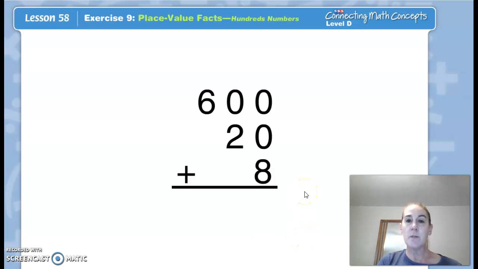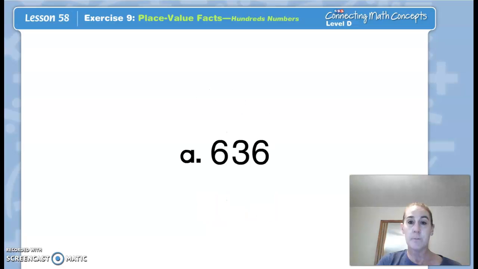Okay, we've been working with some hundreds numbers and breaking them down into place value facts. So we have 600, 20, and 8, and we're going to squeeze them together to make one number. So we would write it 628. Sometimes they ask us to break apart the numbers, but in this case, we're squeezing them together.